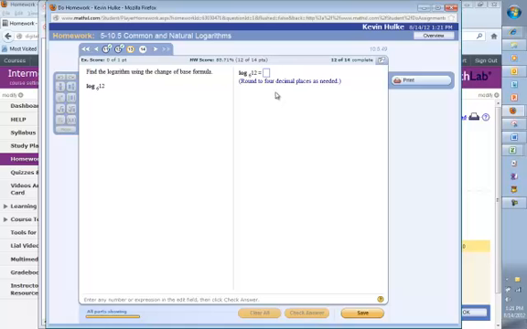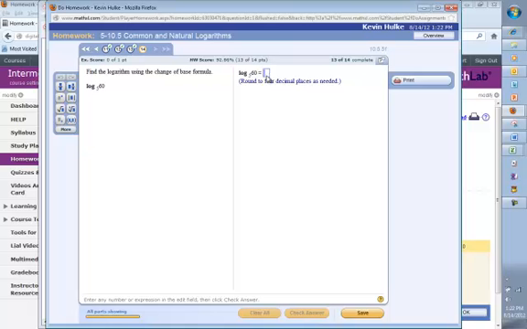So we would press that on our calculator. Log of 12 divided by log of 6, I had to close the parentheses, and I get 1.3869.